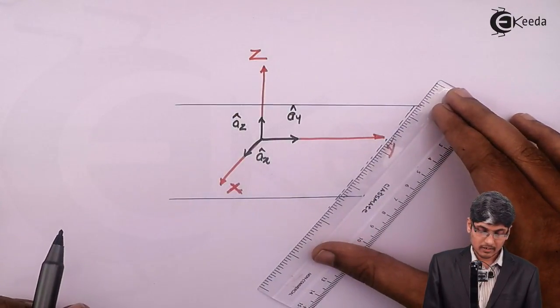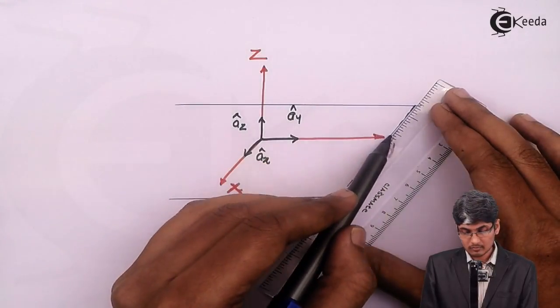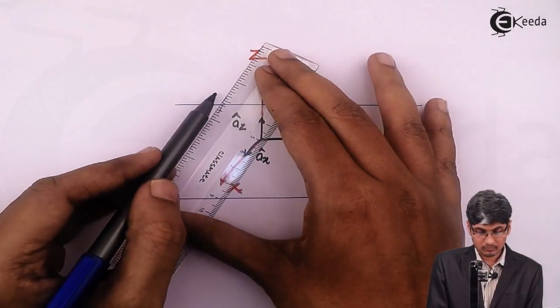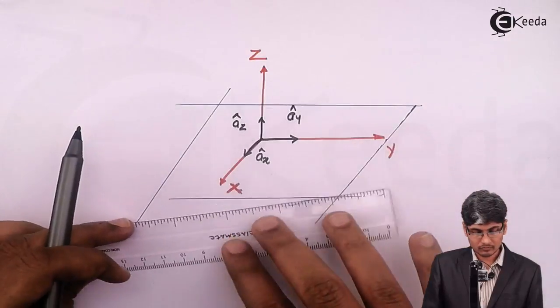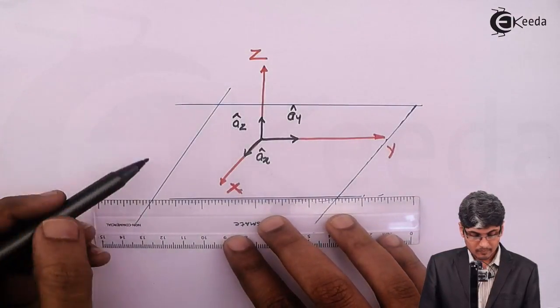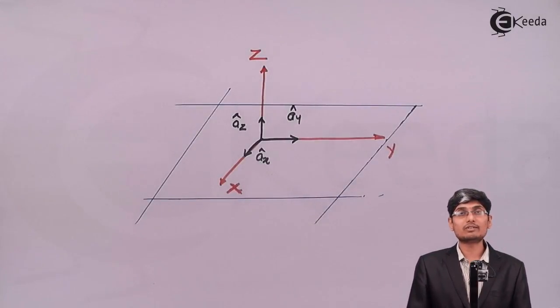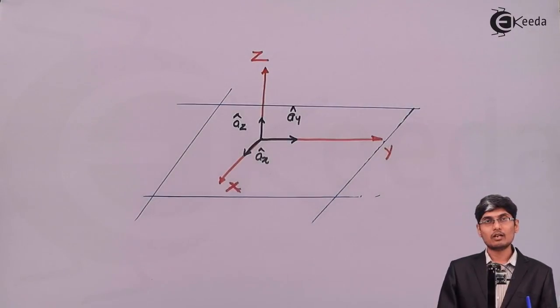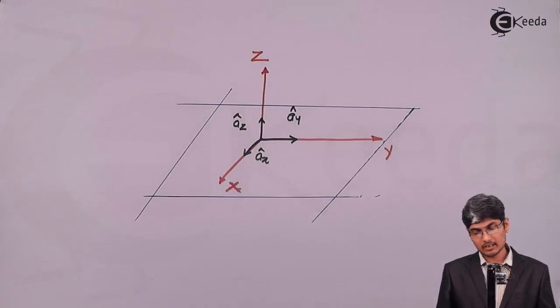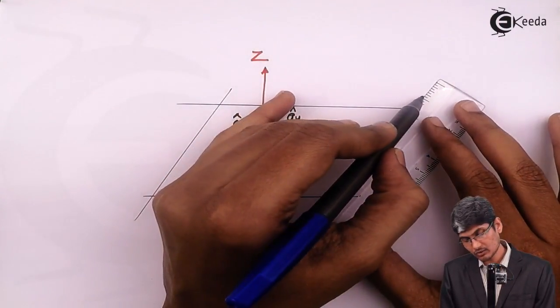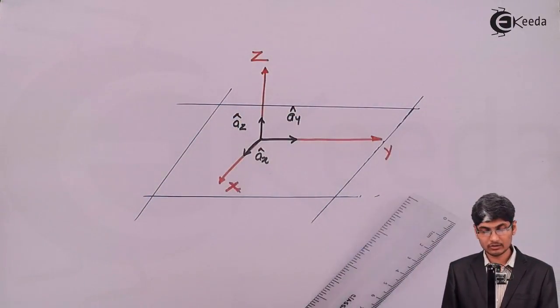So this becomes my xy plane. Here the z value is 0 everywhere. So this plane which I have just drawn can extend in all directions.